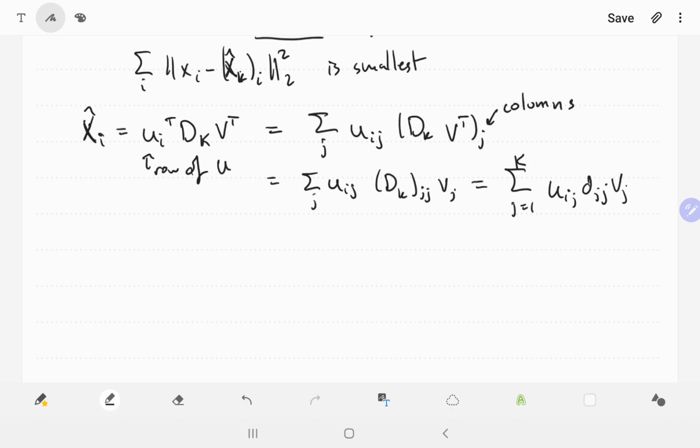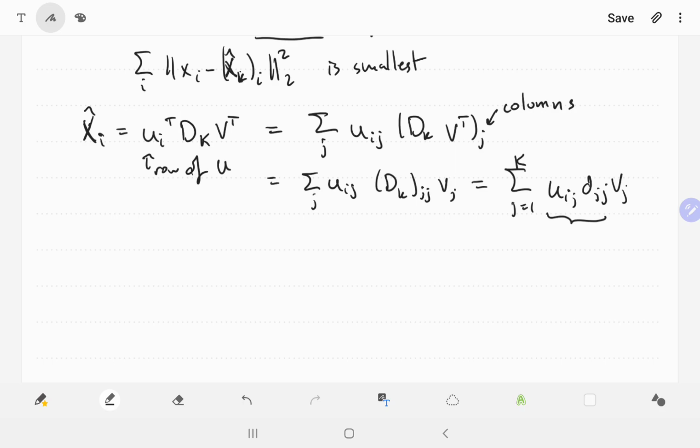One way that I can do this is by just memorizing the x transpose v, which is just going to give me this part here. I could just memorize this u_ij times d_jj if that's what I want to do.